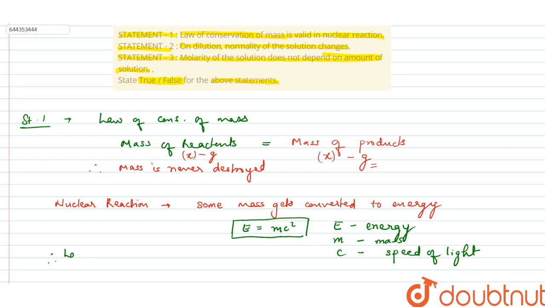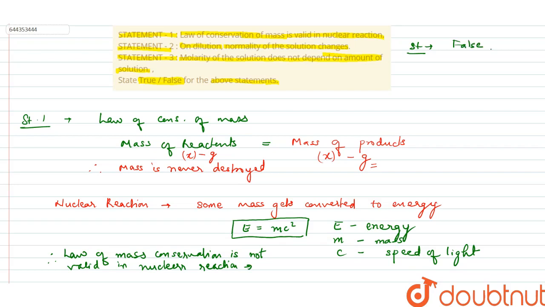So our statement 1 is false, that is, the law of conservation of mass is not valid in nuclear reaction. We must write here statement 1 is false.